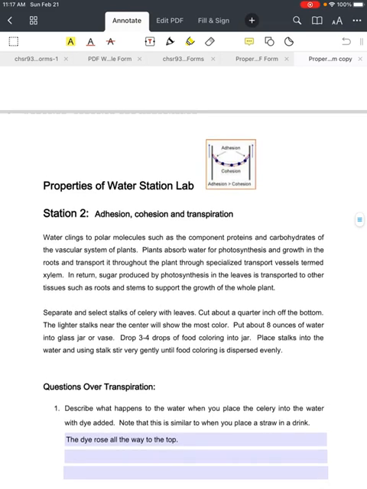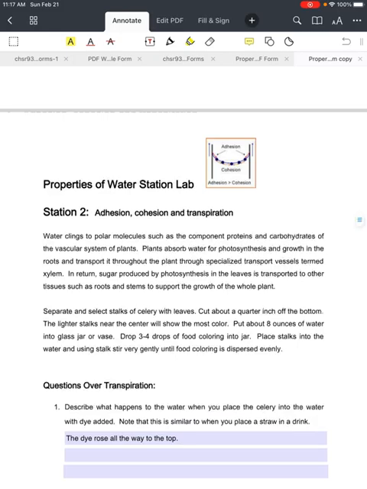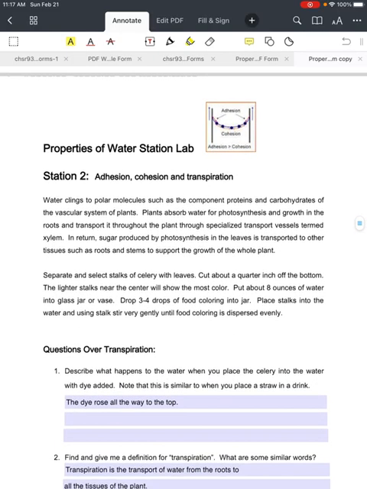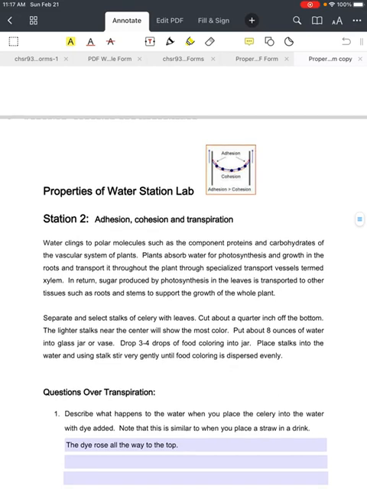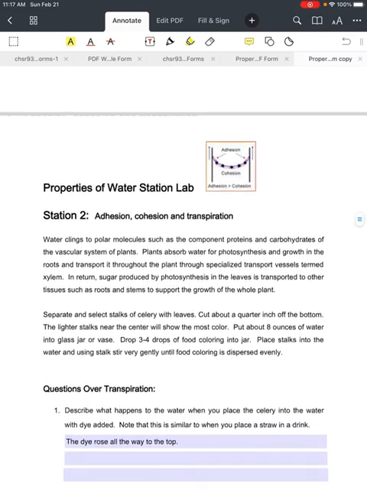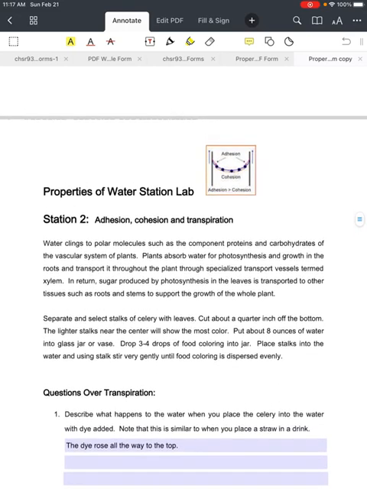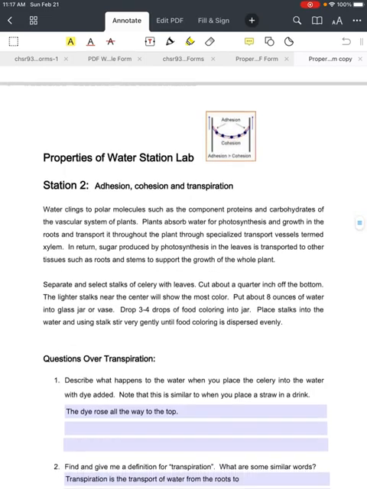This was not capillary action like in the little capillary, where it only jumped up so far until the weight of the water column, which weight is a force, equaled the forces of the bonds, the hydrogen bonds adhering to the glass and to each other. So in this case, somehow the dye rose all the way to the top. And it's because there's water evaporating out the top. And as it evaporates, the next water molecule is pulled into place along there.